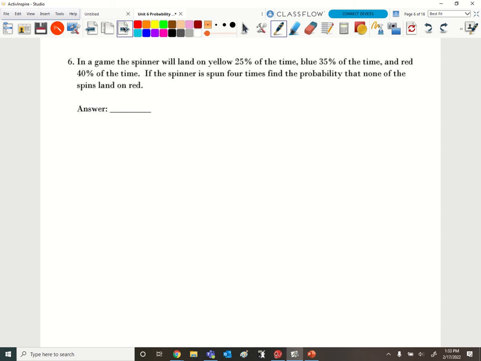The complement to my red is how much? Yep, 60%. So it's going to be 60% on my first spin to be not red. My next one is also 60%. And so all 4 of them are going to be like this. All 4 are going to be there.